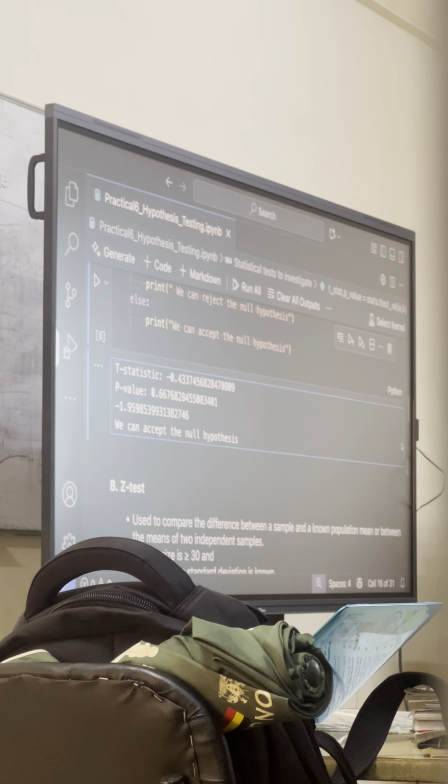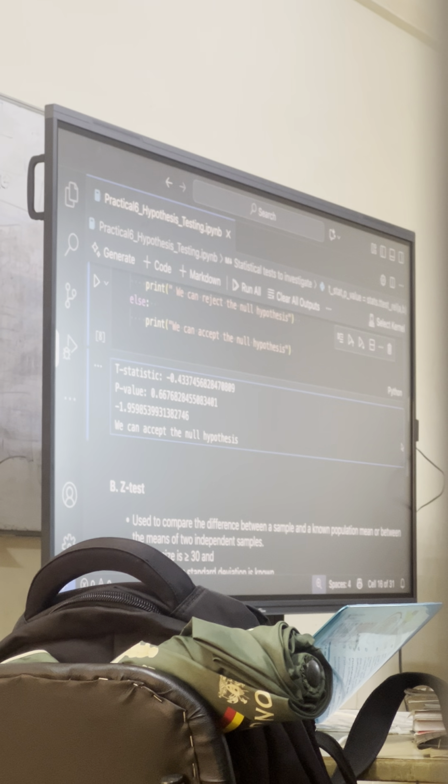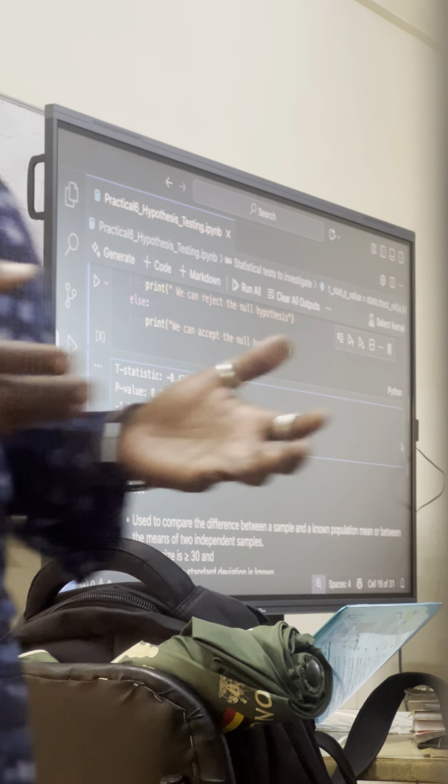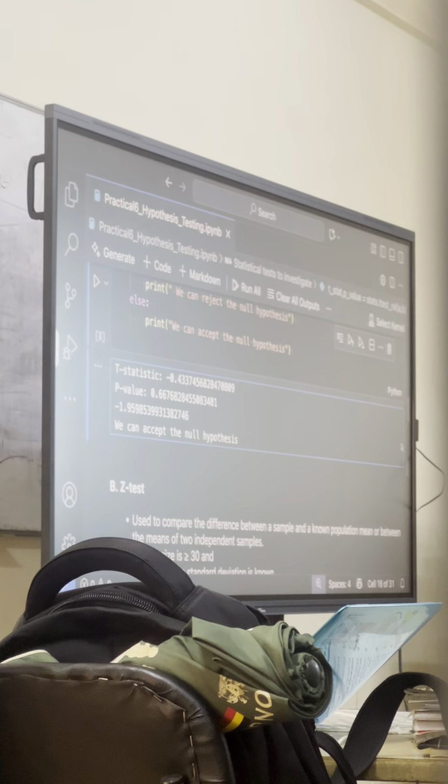So that would imply when you have a statistic that is quite small and is also negative. Yes. Okay, go on.